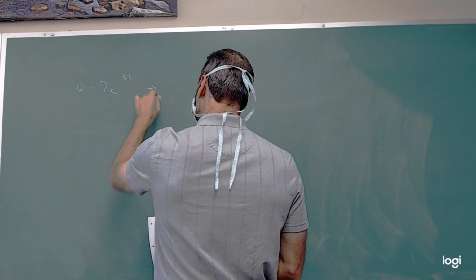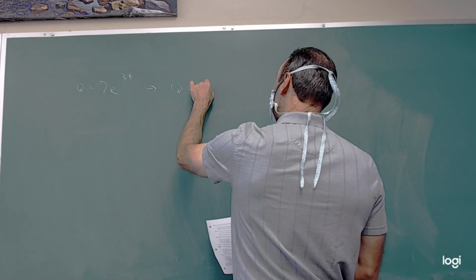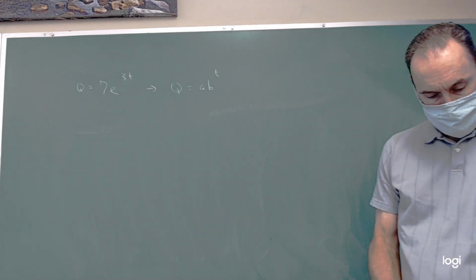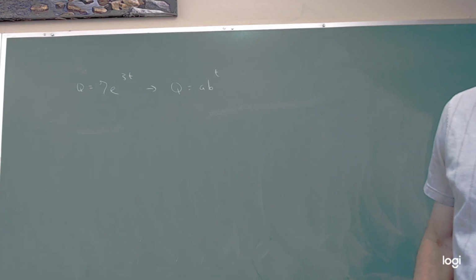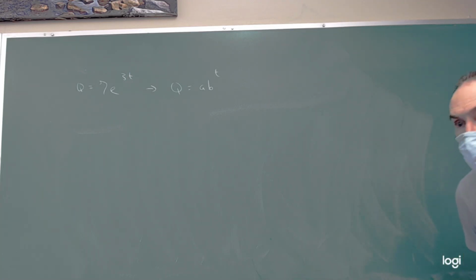And we're going to convert that to Q equals AB to the T. So again, if you put in 0 for the t, you can find that little a pretty straightforward.